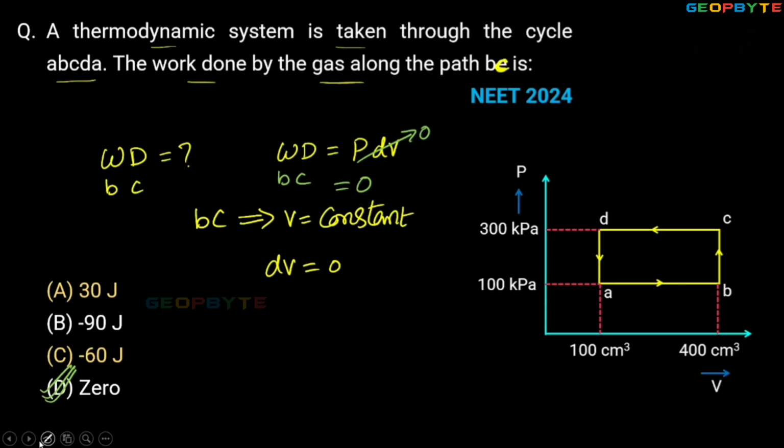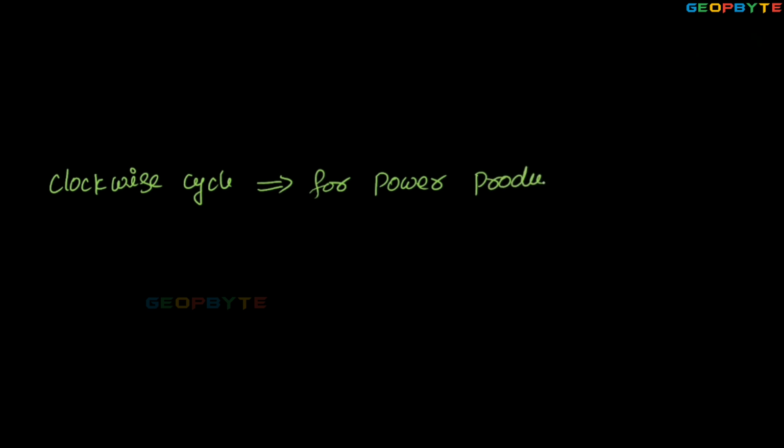Let me write that point. Clockwise cycle is for power producing system, like heat engine.